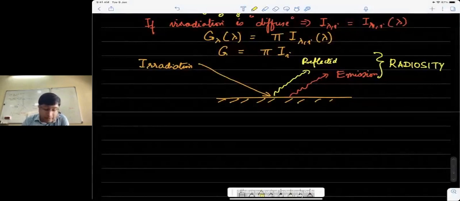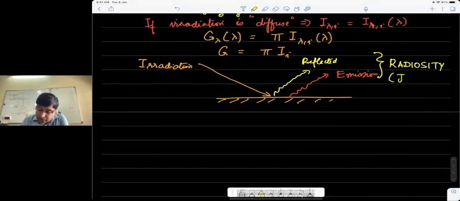So we will talk about spectral radiosity, which will be J lambda, as a function of lambda, of course, and its units are again watt per meter square per micron, or per micrometer if you want to be more strict. But this accounts for all the radiant energy leaving a surface.